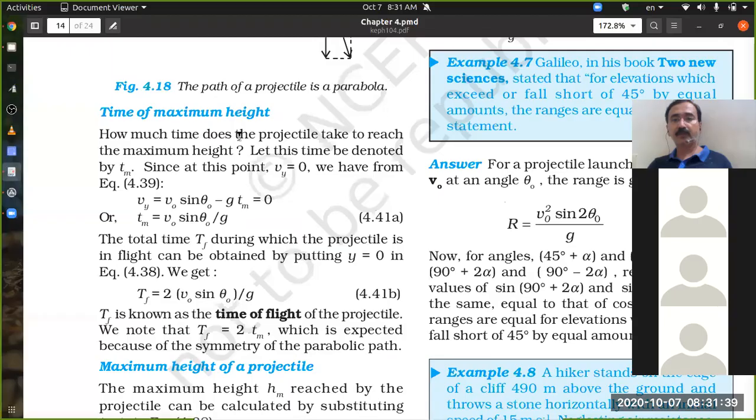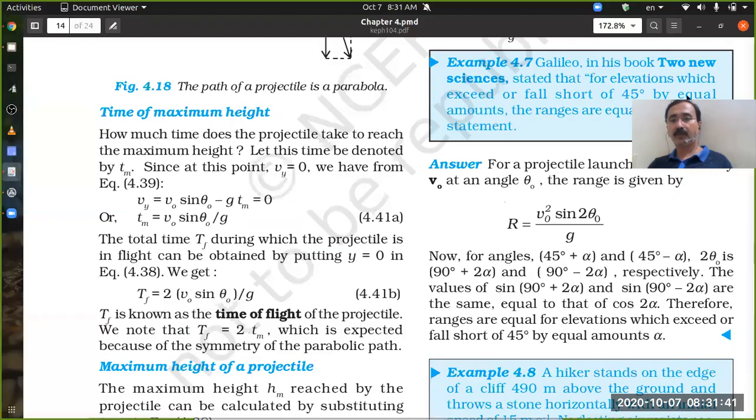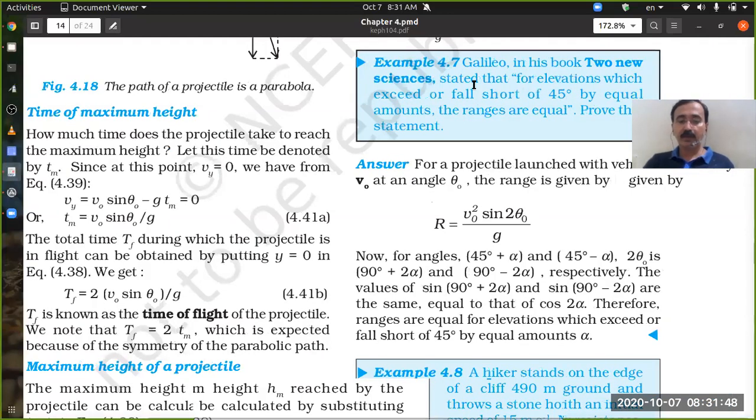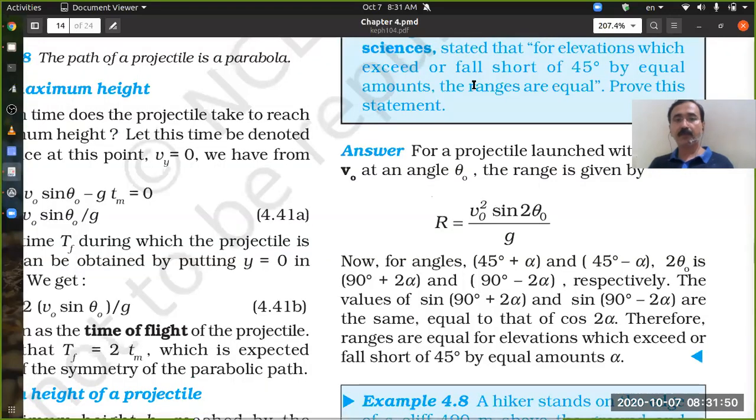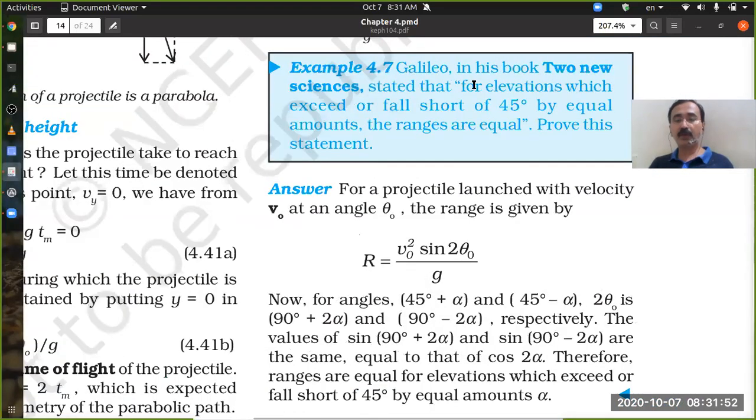Then we have derived and proved this theorem 4.7. Have we? I'll share my screen. This we have proved or not?